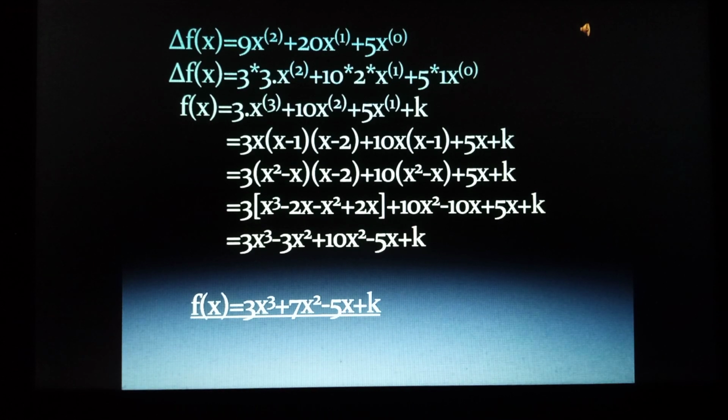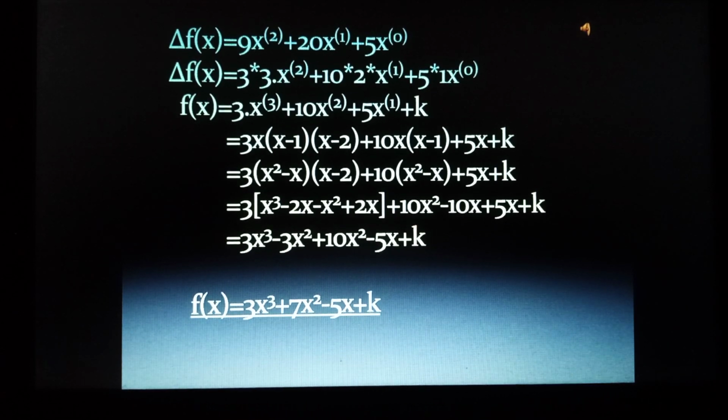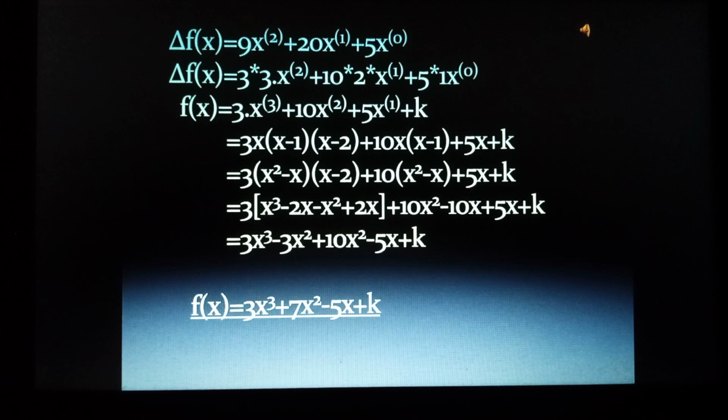Then f of x is equal to 3 into x raised 3 plus 10 into x raised 2 plus 5x raised 1 plus k. Then f of x is equal to 3x into x minus 1 into x minus 2 plus 10x into x minus 1 plus 5x plus k.